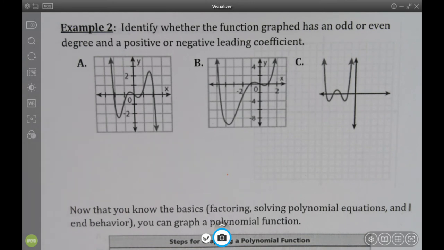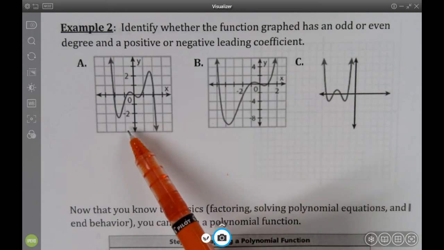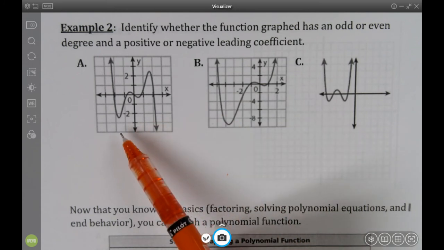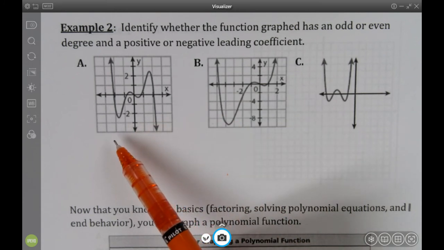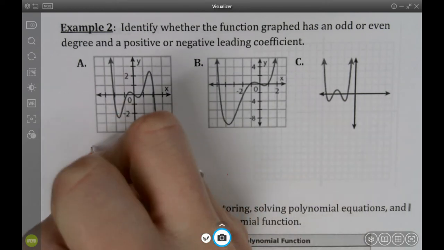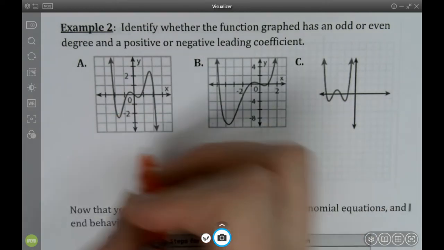All right. So on the first one, part A, are my arrows going in the same direction or opposite directions? Opposite. If they're opposite directions, is it even or odd? So it is an odd degree.